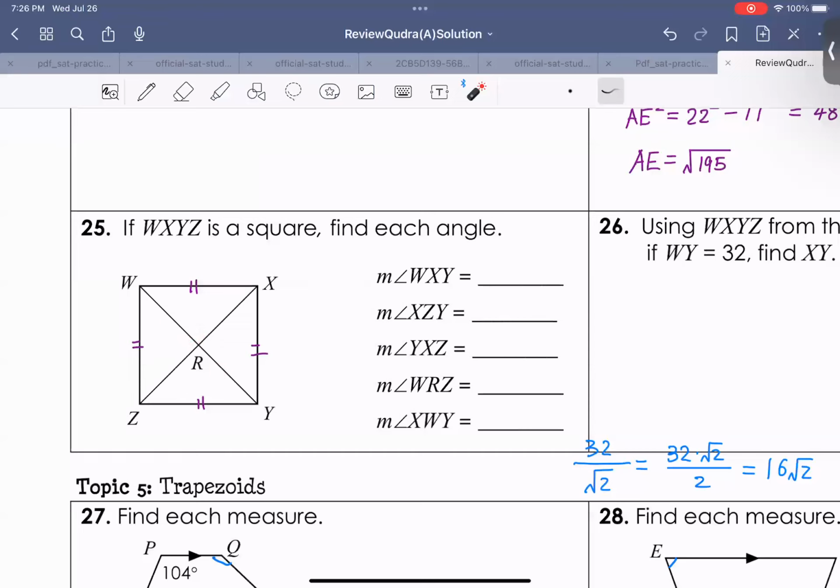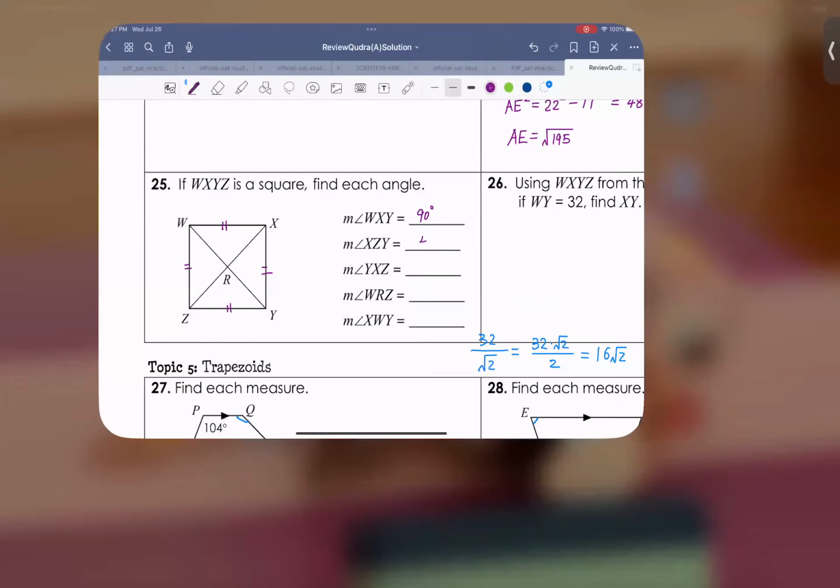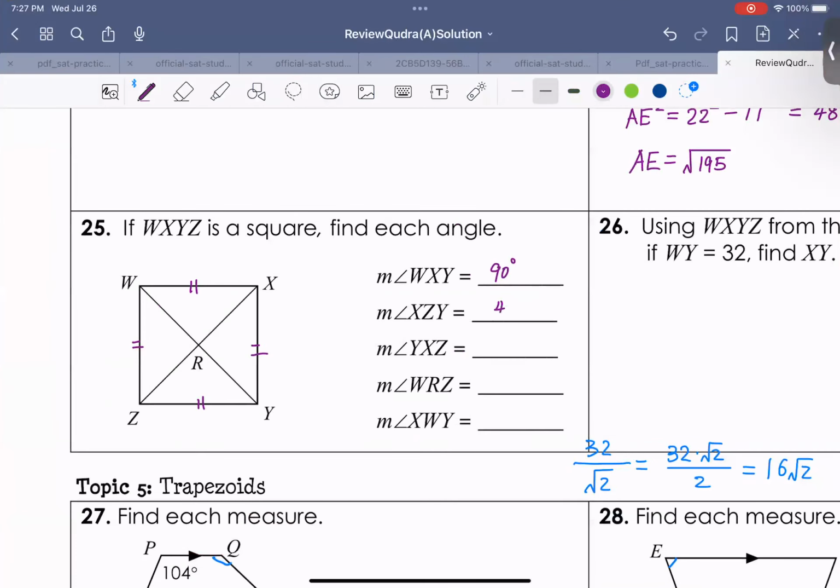So angle WXY will be what? WXY is 90 degrees. XZY will be how much? 45 degrees.